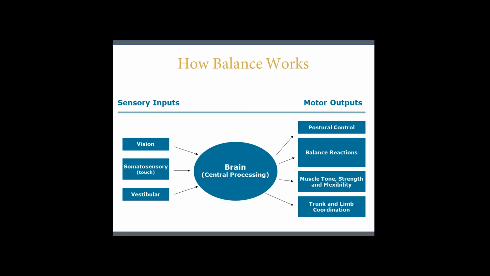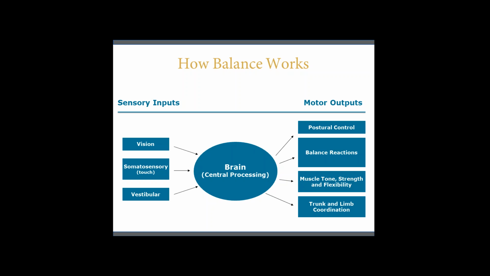Here we have the three afferent sensory inputs that I was mentioning: vision, then somatosensory, which is essentially from the muscles, the muscle spindles, the joint proprioceptors, the cutaneous and pressure receptors in the skin and the fascia. So the somatosensory is our musculoskeletal system, and then the vestibular is coming from our inner ear.